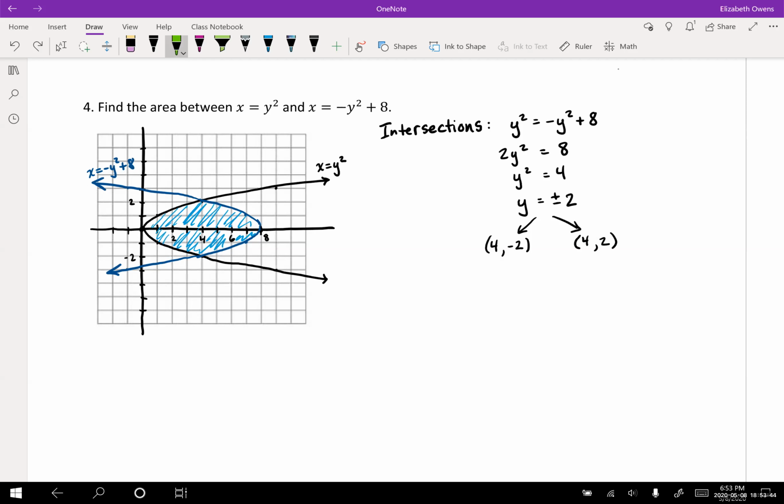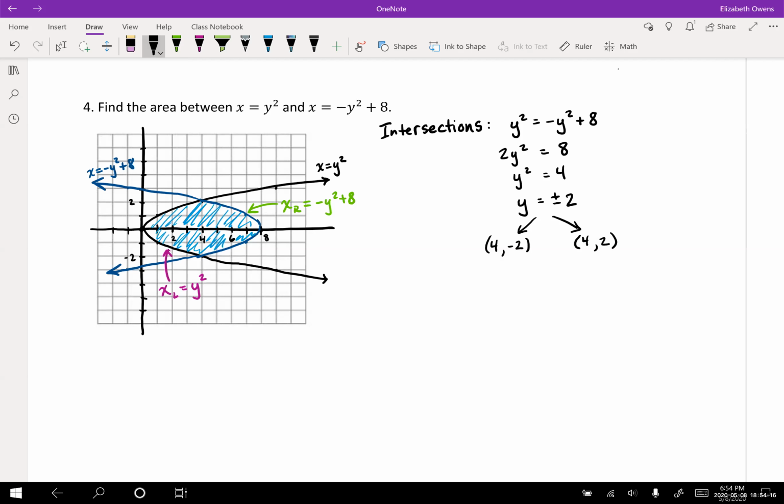So we're going to integrate this with respect to y. And here is our rightmost function. We're calling that xr for on the right, and that's negative y squared plus 8. And then this guy is going to be our left function, and that's x equals y squared.